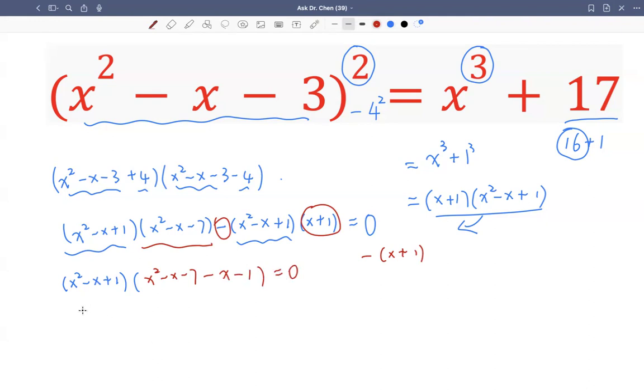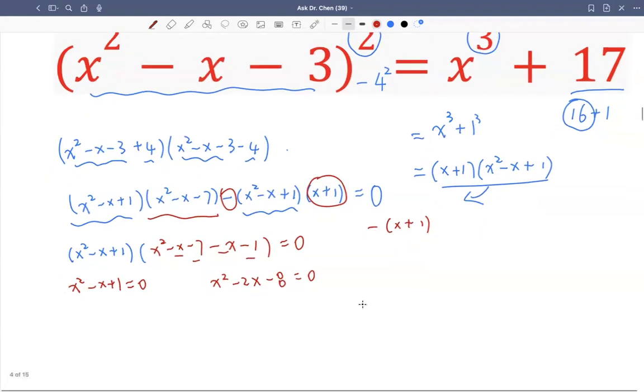That equals 0. So that means x squared minus x plus 1, this factor may be 0, or the second factor, x squared minus x, that's minus 2x, minus 7 minus 1, that's minus 8, may be 0. So the polynomial degree 4 equation now becomes 2 equations of polynomial degree 2, or quadratic equations.